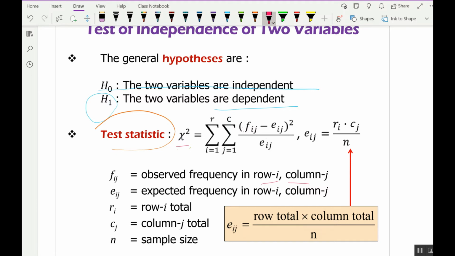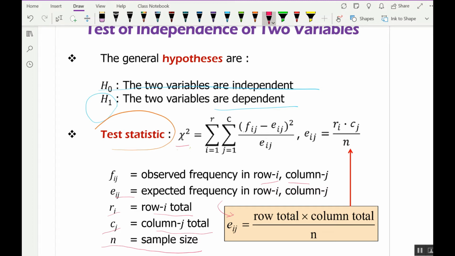So there will be the observed frequency in row I and column J, and the expected frequency in row I and column J. And how we get this expected frequency is from the following formula: Eij, the expected frequency in row I, column J, is the row total times the column total divided by n. What is n? N is the sample size. So this is what we need to calculate first. Ri is the row I total, Cj is the column J total, and Eij is the expected frequency.